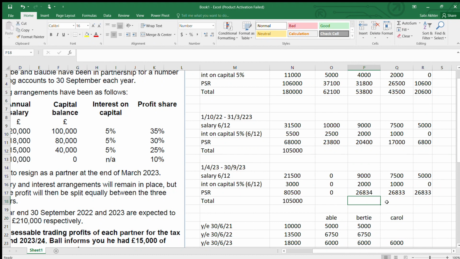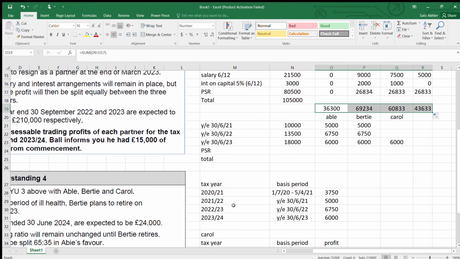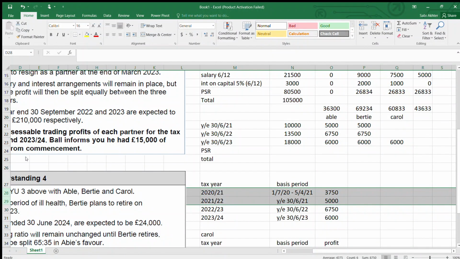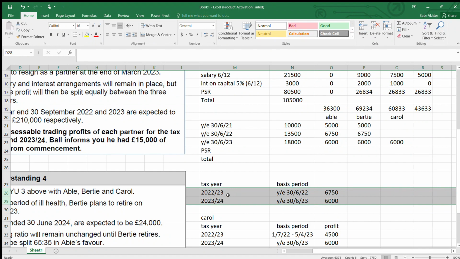Now, so this is the sum function. Okay. Now, trading profit. So we'll go here. We'll take this out. 22-23 and 23-24.